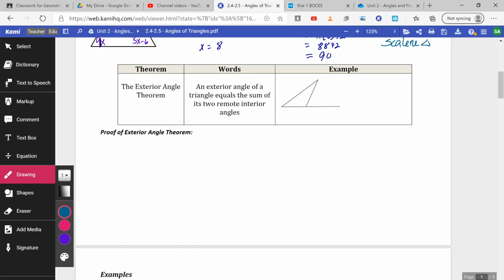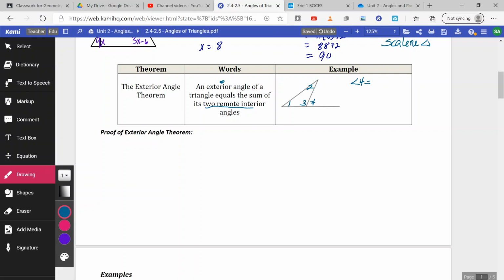So if I were to label these 1, 2, 3 in the triangle, and then 4 is the outside. Again, exterior means outside. So angle 4 being the exterior angle, I need to set it equal to the two remote interior. So I need two angles that are inside that are not attached to angle 4.